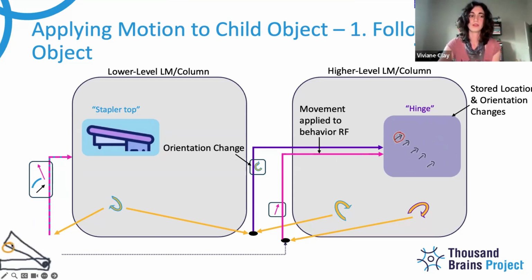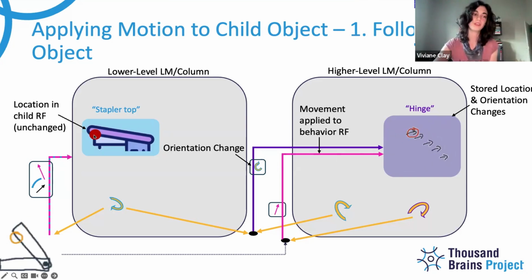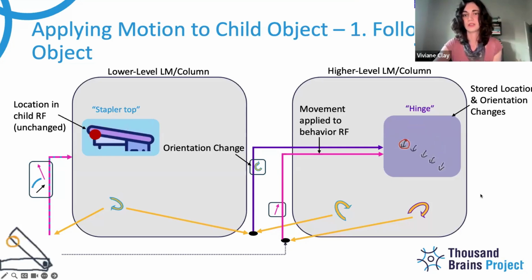As the sensor patch moves here, we are also moving in the behavior's reference frame. But in the child object's reference frame, we don't want to be moving. We want to stay on the same location in the child object's reference frame, even though our patch is moving and we're actually getting movement input. We don't want to move in this reference frame. We want to move in this one only.